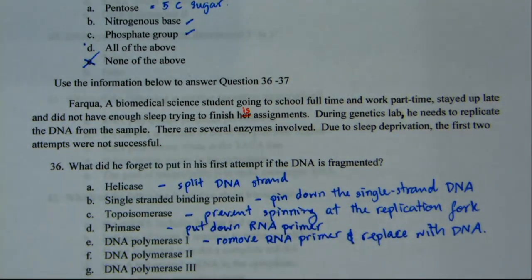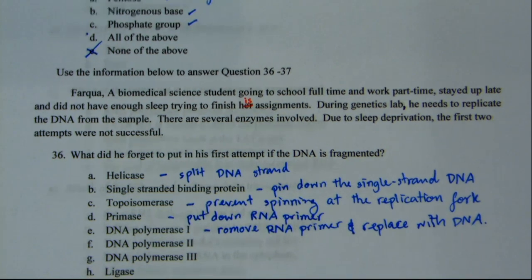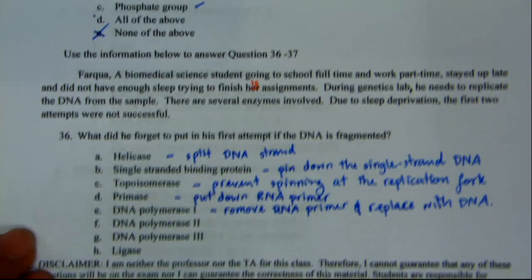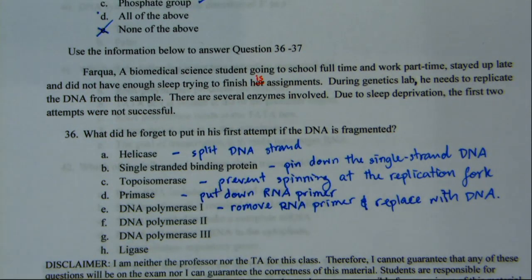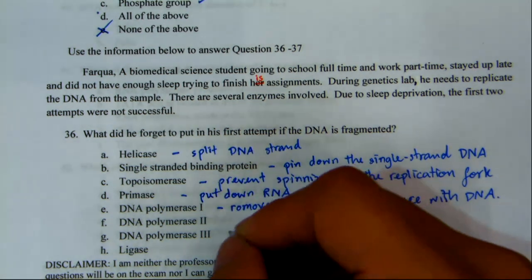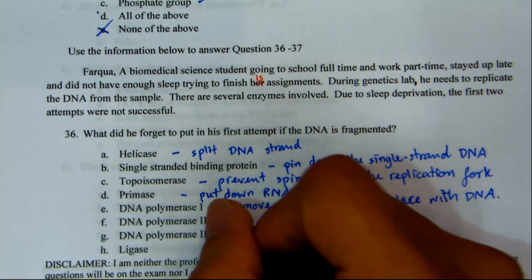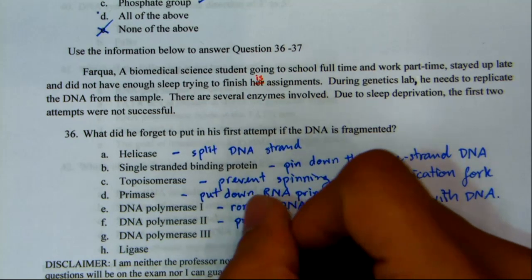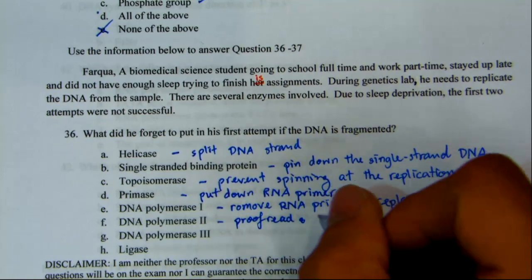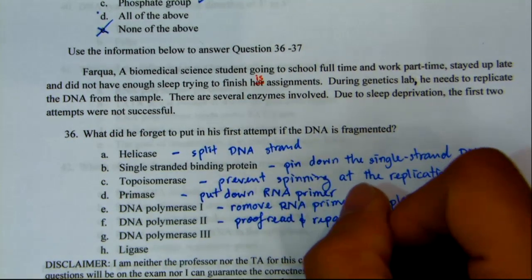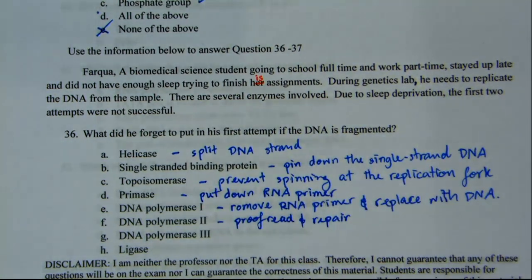Okay, I just put it in a different order from what it's supposed to be, but I guess it kind of helps us make sure that we know exactly what each of these enzymes does. What about polymerase 2? This one does the proofreading, right? And repair if it needs to.